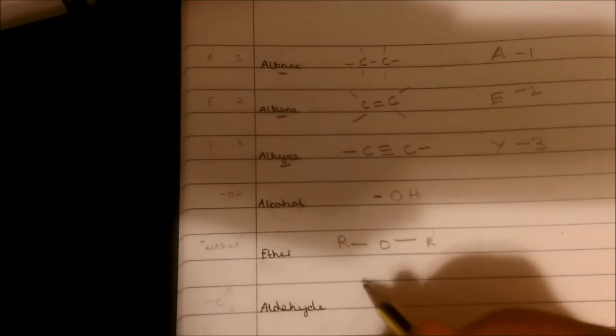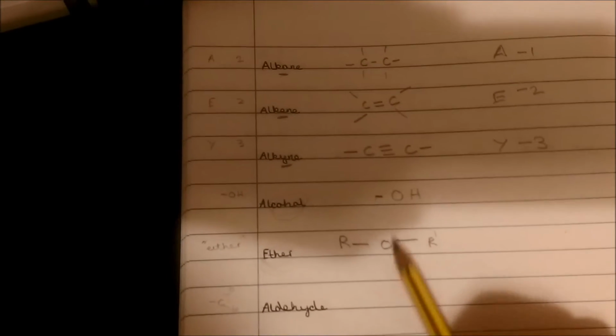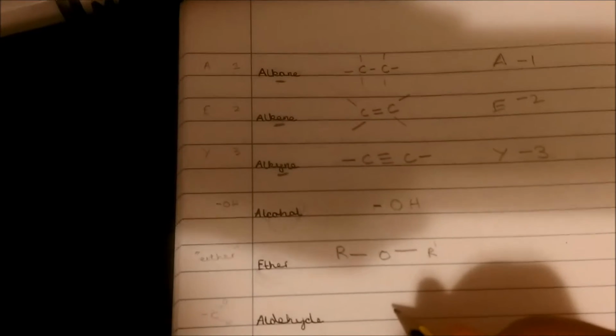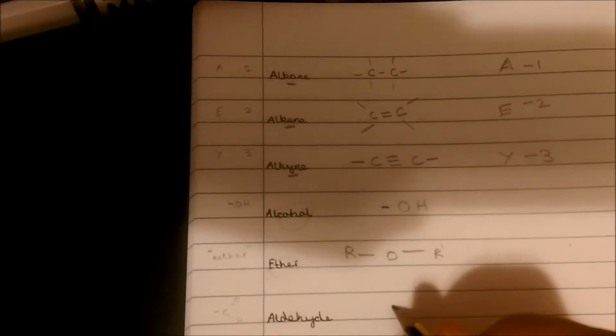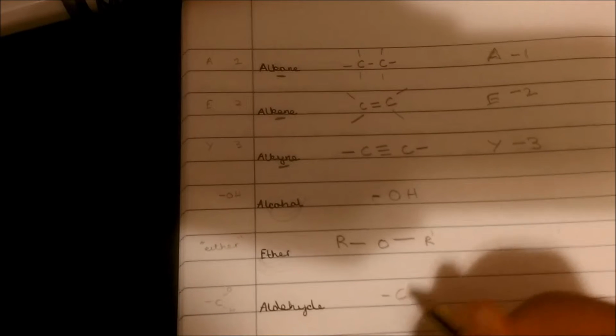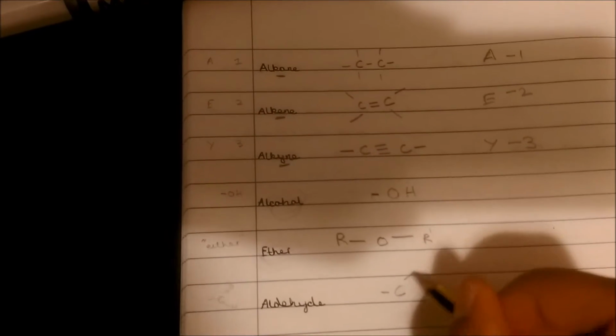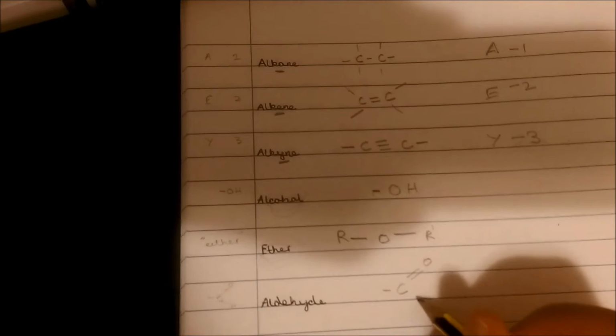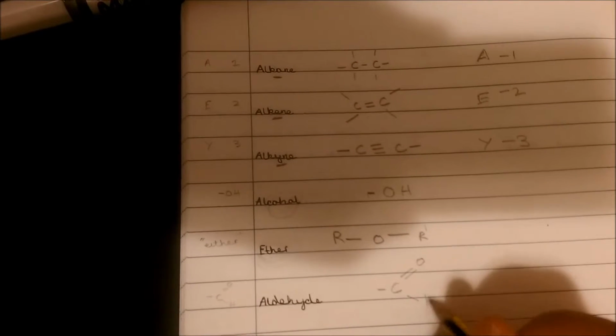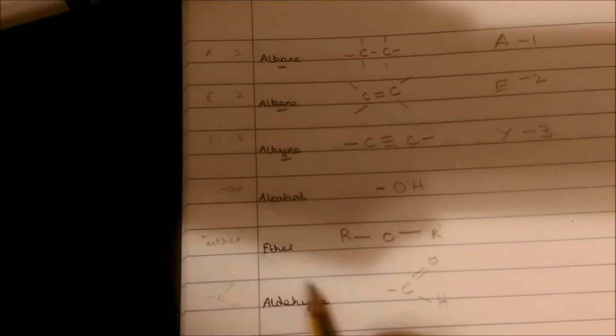Moving on, an aldehyde. An aldehyde is just one of those organic molecules, much like alcohol, that you'll have to memorize. It is quite simple, really, and a lot of the other organic molecules that we'll be covering next are based off of it. So it's really important that you memorize the organic molecule aldehyde.